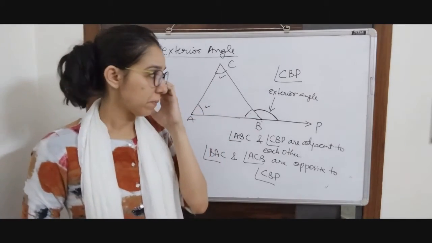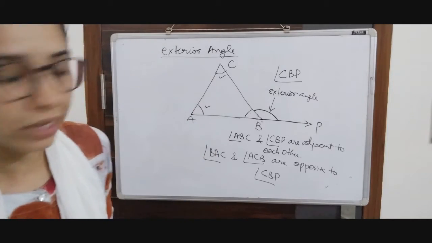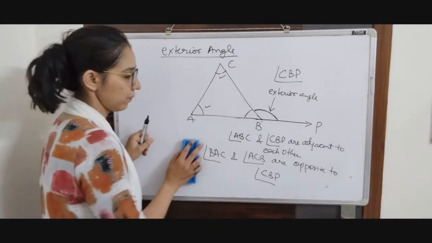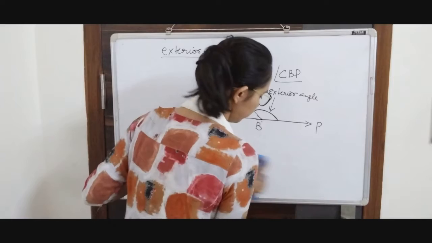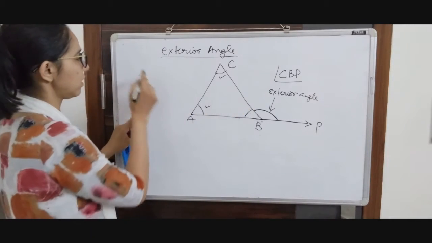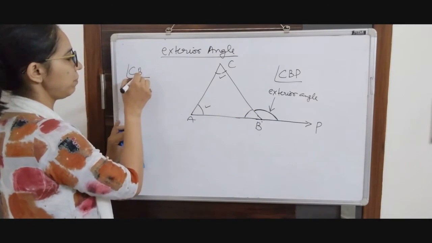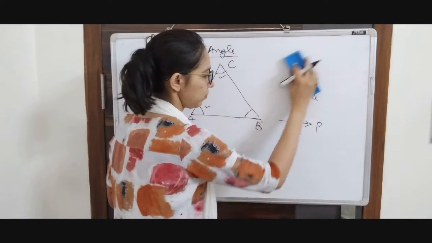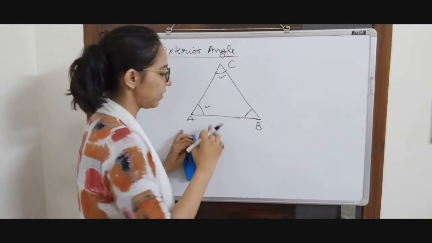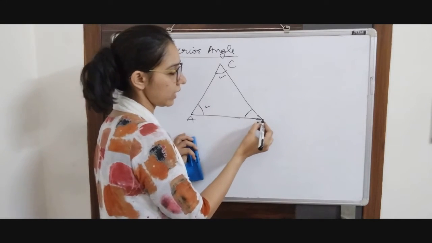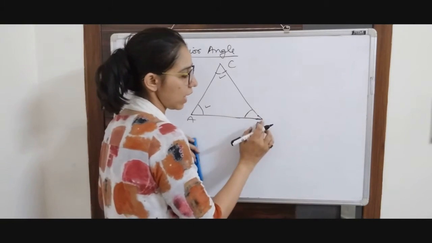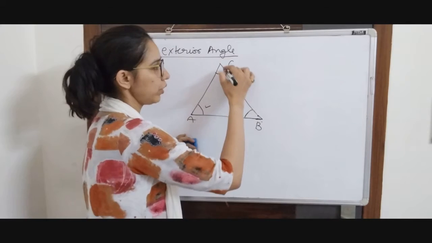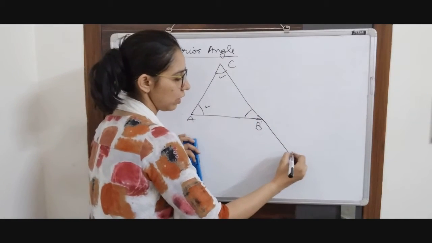Now we are going to make another exterior angle. We drew CBP, now I am going to rub it. Rather than extending AB here, I am going to extend my CB here.